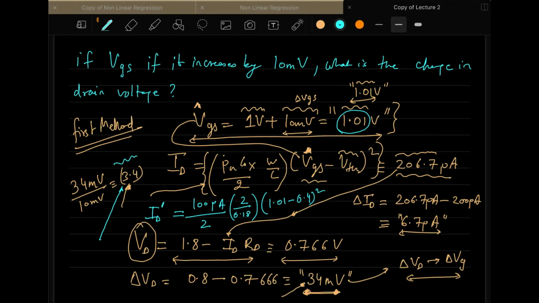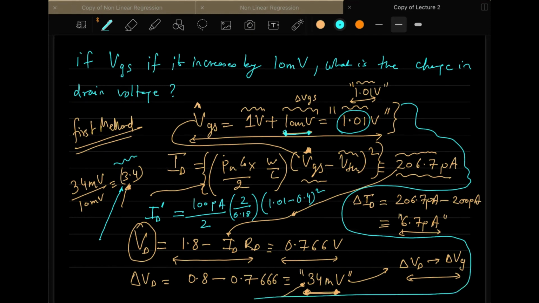Let me tell you one thing here, and the important thing that you observe is that when you changed the voltage by 10 millivolts, you repeated all these calculations again and then solved it. So it's a tedious process. You are doing it again even if the voltage changes by 1 millivolt.